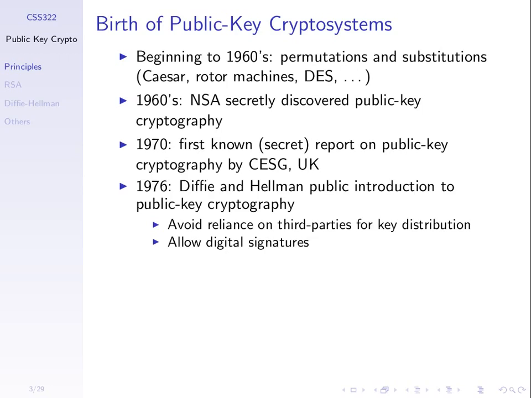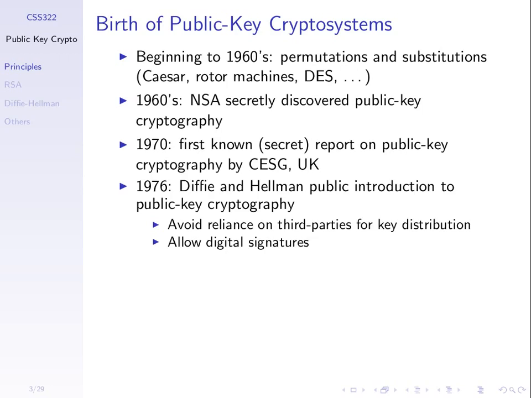They also wanted to develop digital signatures. When you sign something, that acts as evidence that this document came from you. You sign a document, and later people use that signature as proof that you agreed to that document. They wanted to develop a similar concept where you could sign some document, maybe a file, such that later it could be proved that you agreed to it, that it came from you.